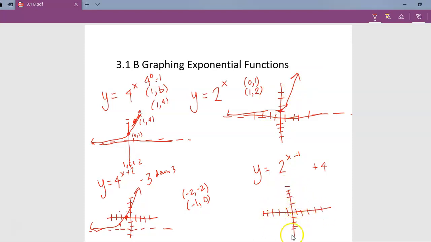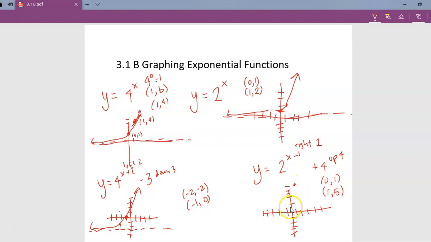So that point that's at 0, 1 is going to go right 1 and is going to go up 4. So if 0, 1 goes right 1, that means the x value is going to have 1 added to it. If it goes up 4 from y equals 1, 1 plus 4 is 5. So 1, 5 is on the graph.